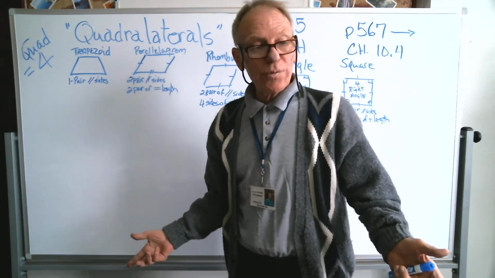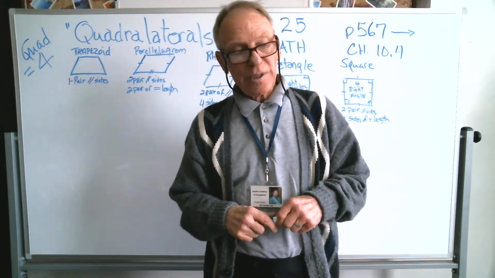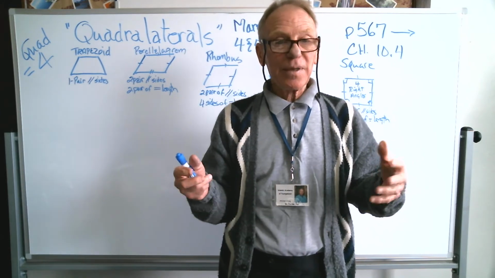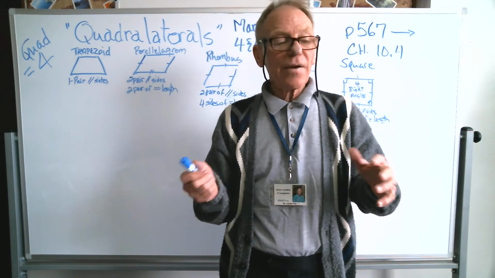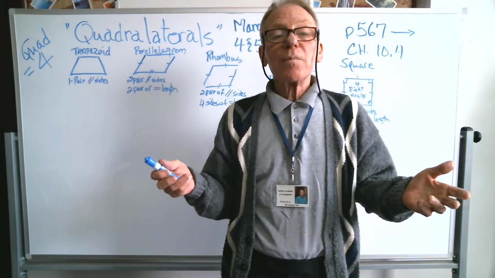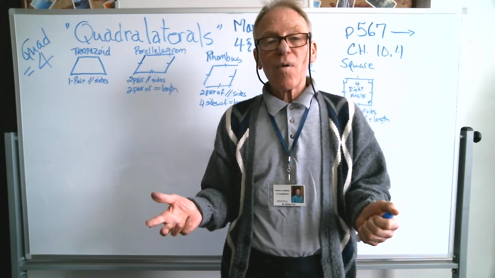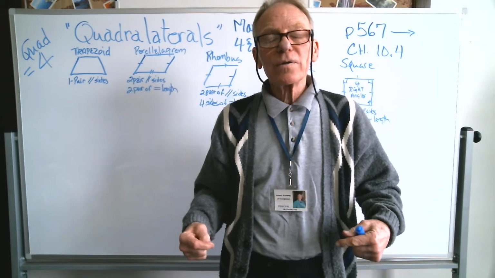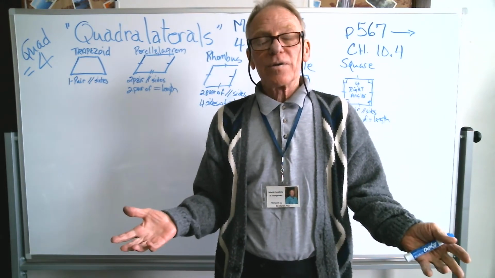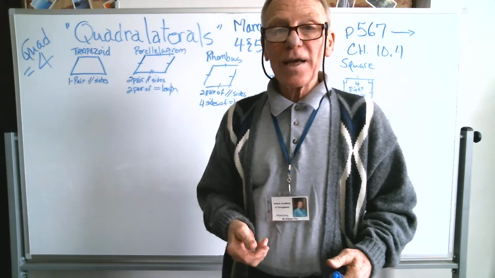Quadrilateral. What's a quadrilateral? One of those geometry terms that gets a little bit convoluted because there's a lot of things that become quadrilaterals because of quad. Now, when you think of a quad, out driving around on your quad, it's a four-wheeled recreational vehicle. Quadruplets would be like four kids.